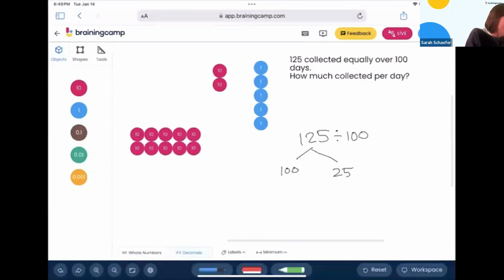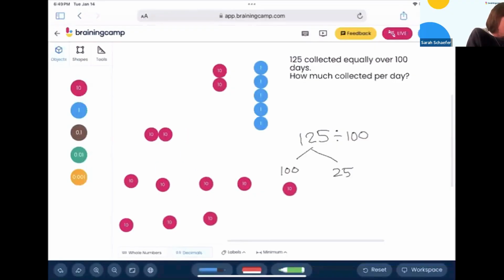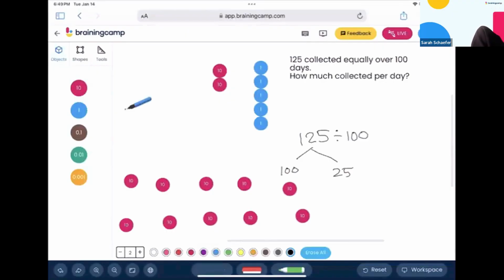Okay. And so again, right now we could easily see the 10 groups, but this is saying we need 100 groups. So what is 100 put into 10 groups? Yeah, we can see that there would be 10 in each group, right?